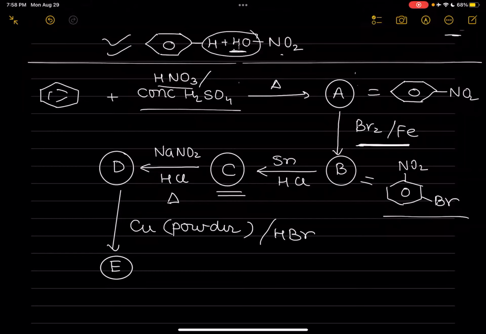What is C? Diazonium. Yeah, Sn/HCl, is it the diazonium? Okay. Metal and acid. It is the reduction. Reduction. Okay. So what are we going to get here?